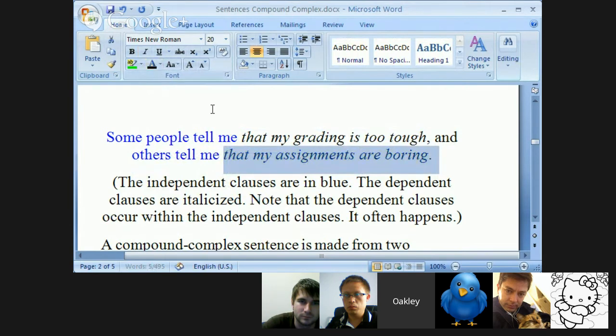I think somewhere along the line I changed the colors. Okay, the independent clauses are blue. The dependent clauses are italicized. Note that the dependent clauses occur inside of the independent clauses, and that's what I'm stumbling around trying to say. That often happens. You can have dependent clauses in the middle of independent clauses.